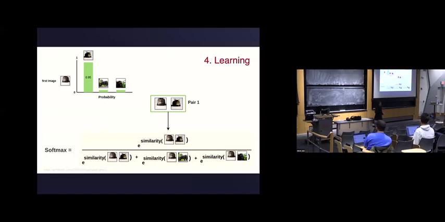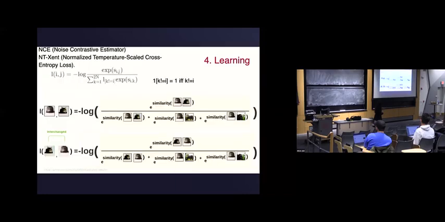Is that clear? This is exactly the InfoNCE loss that we said generalizes the contrastive loss to X plus and tons of negatives. So this is the X and X plus, and these are tons of negatives. So this is exactly how it works.